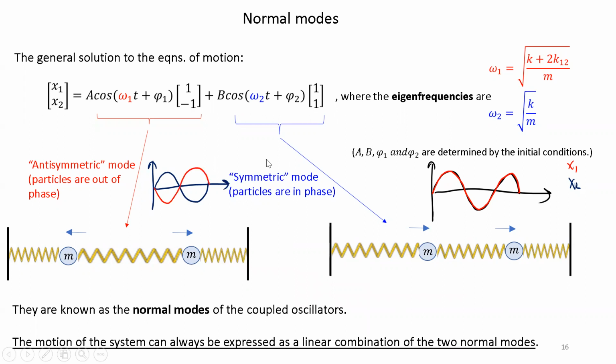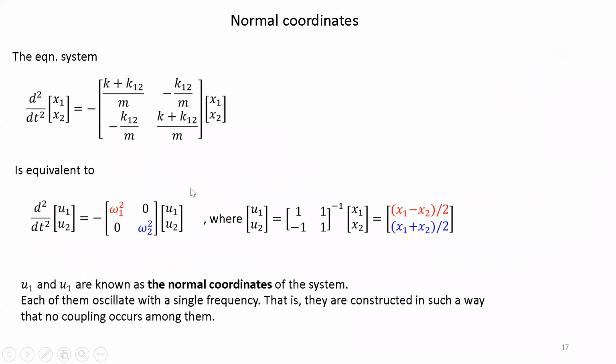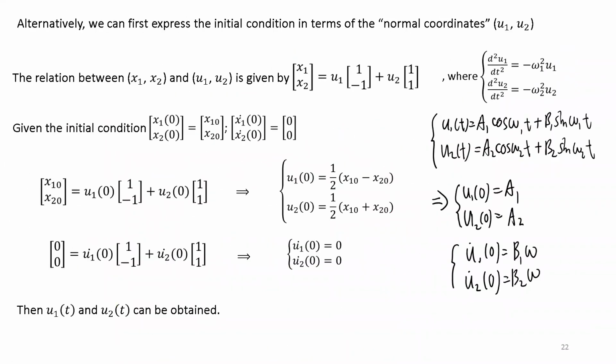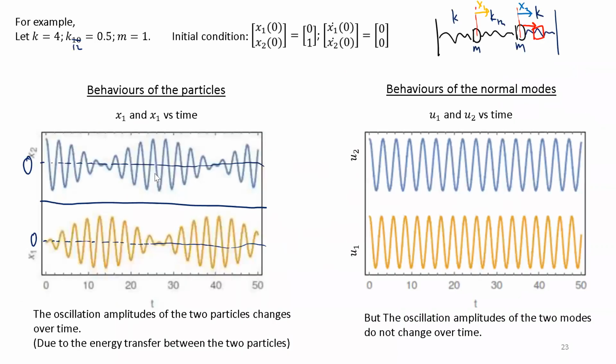But here clearly it doesn't look anything like either of the cases, and that means this whole system is in a superposition of the two normal modes. Okay, that's what's happening.